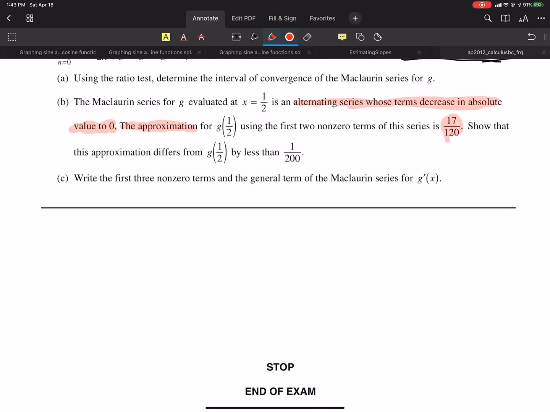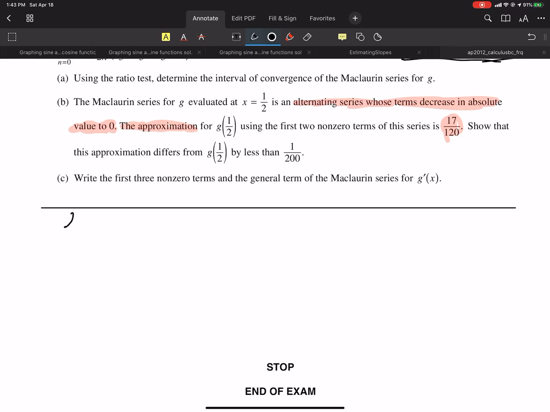So the error is going to be the next term if we have an alternating series decreasing in magnitude to 0. So I'm going to restate that because that is necessary for our answer to be correct.